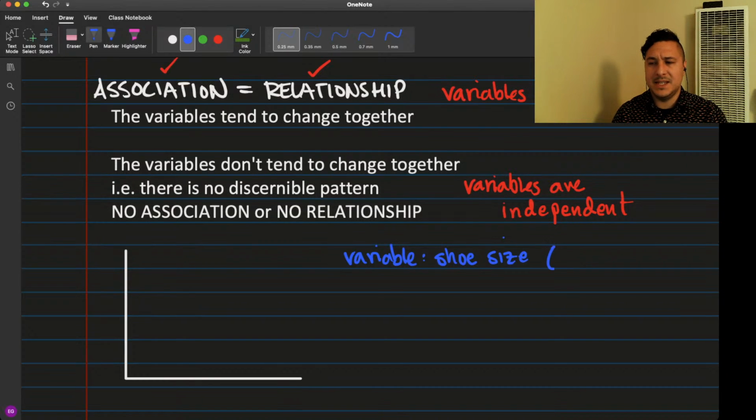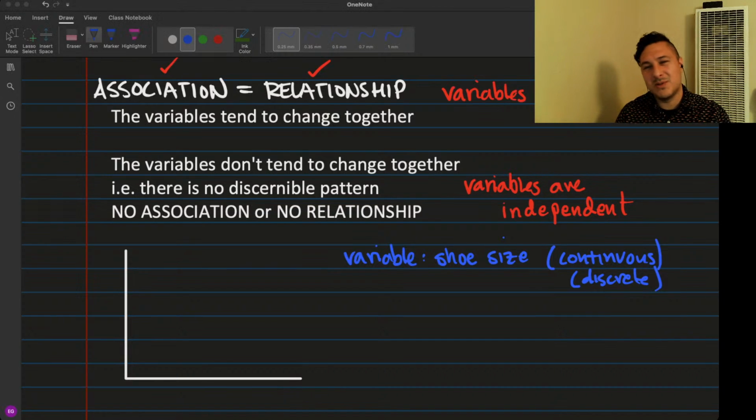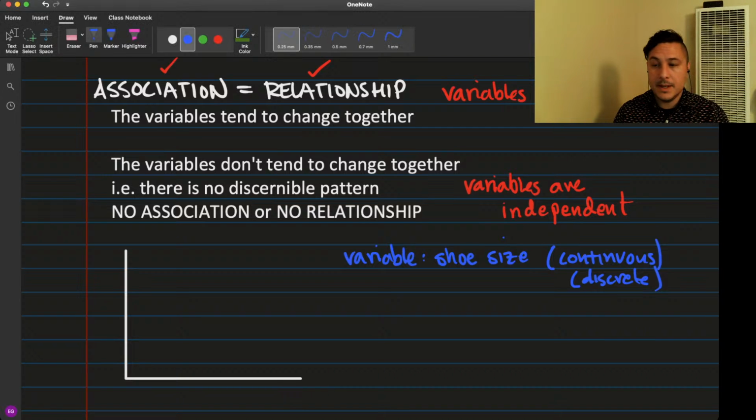I'm thinking that's a continuous variable, because shoe size, I guess you could say it's continuous or discrete, but it measures the length of your shoes or your feet, right? So that's like a measurement, but they're also only whole numbers. Well, no, there are half sizes, so I guess you could say that it's continuous. Either way, it's definitely numerical because it measures something. And let's have the other variable be GPA.